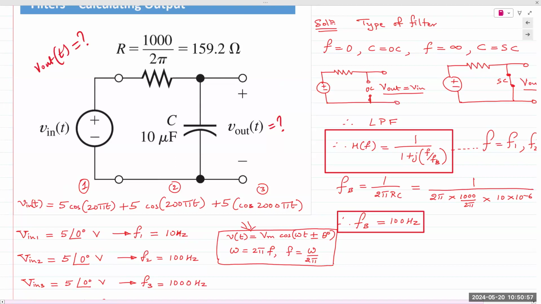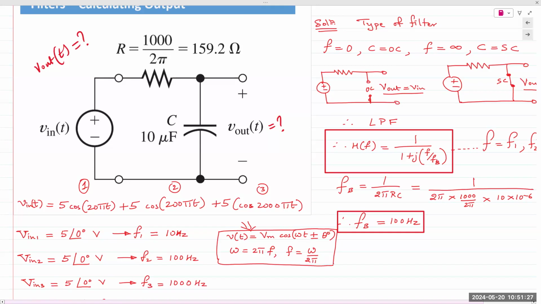So the phasors for all 3 components are exactly the same. It doesn't make any difference. It just is what it is. It doesn't really matter if it's 5 with an angle of 0 or 10 with an angle of minus 78. We simply still have to multiply and find our answers.